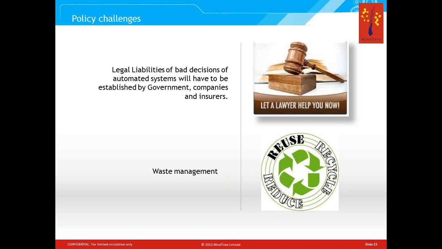So if something goes wrong, who is to be blamed, and who takes the responsibility? We need to have a policy framework designed, and companies, insurers, and governments need to work together.